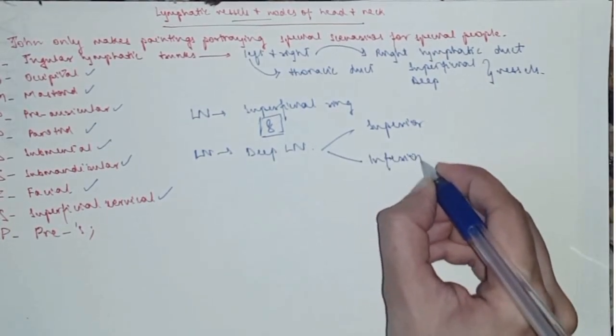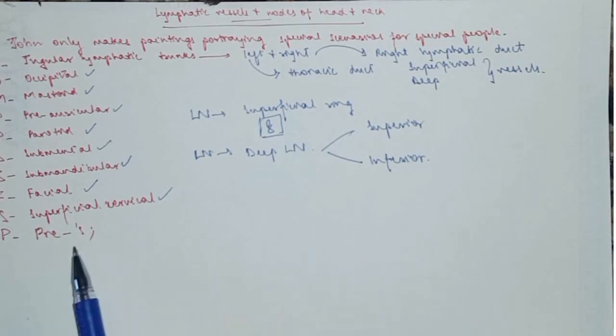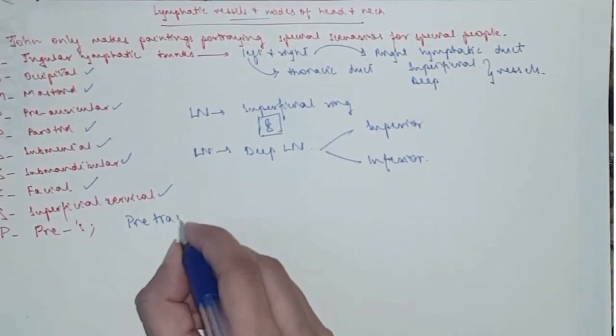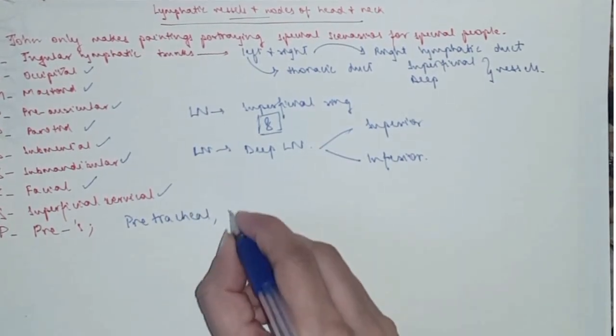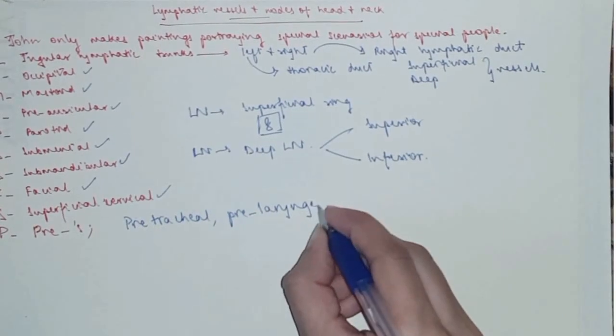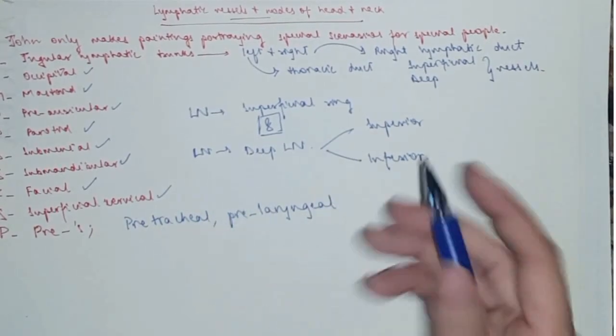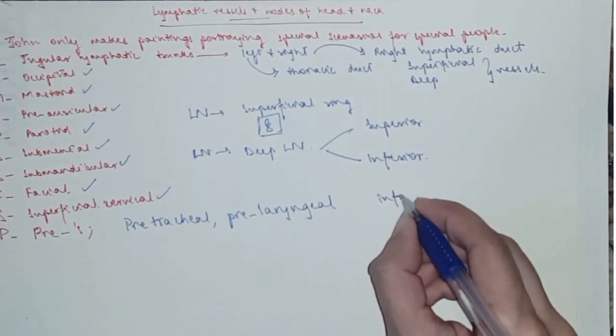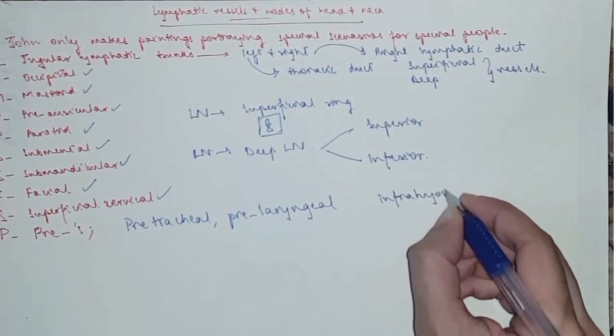Okay? I've written pre's here because there are 2 pre's: a pretracheal one and a pre-laryngeal one. There are quite a lot of others, but you can name just a few. So they're pretracheal, pre-laryngeal. You can have infrahyoid, which is the muscle, if you know your anatomy very well.